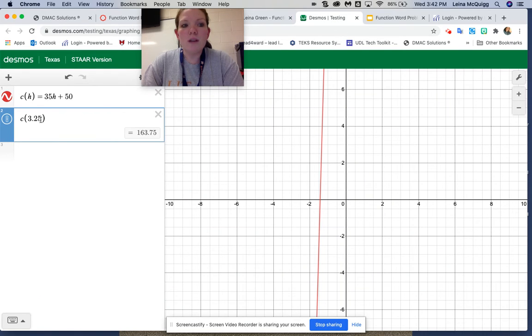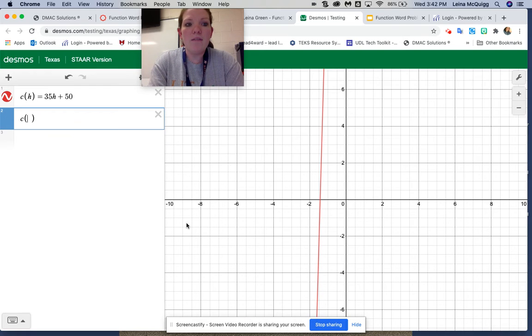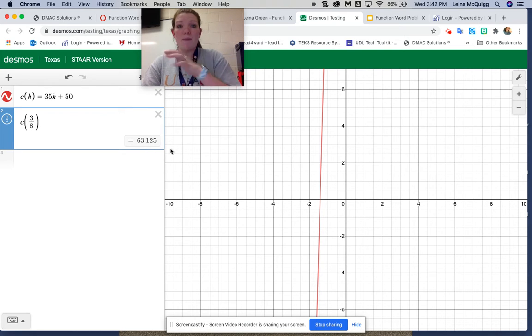So in Desmos, I'm going to say 3, use my slash for division, 8, 3/8. If it's 3/8 of an hour, it's going to cost me $63 and 0.125. Well, I'm talking about dollars, so I want to round this up. Since it's a 5, that means I'm going to round the number up. So it'll be 63.13.